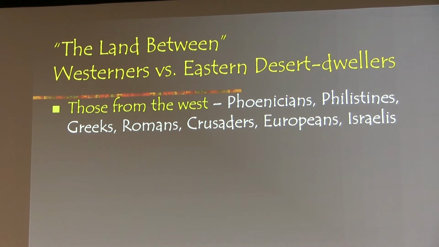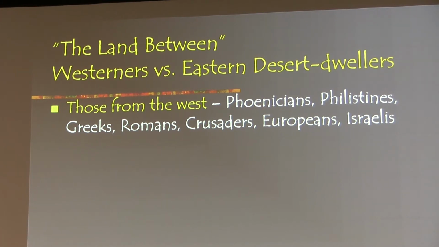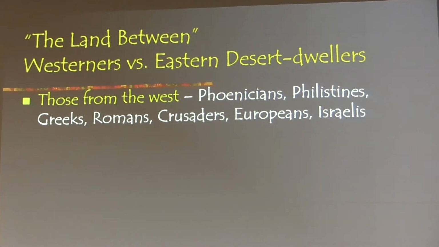Later on, 1099 through 1187, we see the Crusaders sweeping through and doing all kinds of damage. We see Europeans coming in all kinds of ways and reasons. And then finally, even with Israelis, we have a little bit of competition with Israelis who are considered by the local populations to be coming from the West.